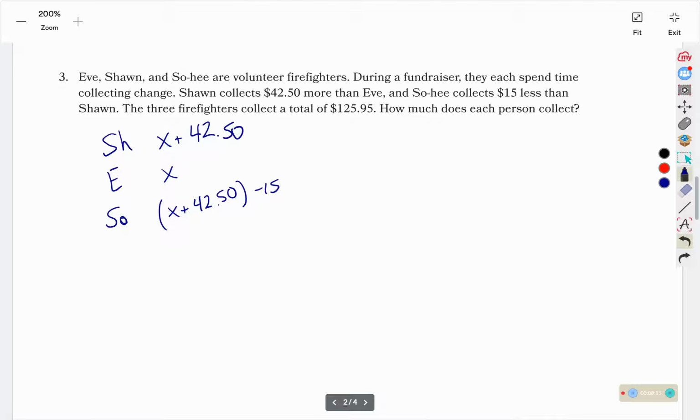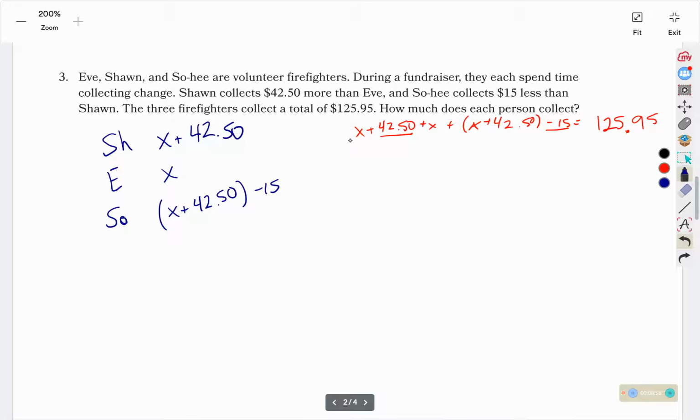The 3 firefighters collect a total of $125.95. So if we add up all of their amounts, it should equal $125.95. So this, I can subtract 15 from 42.50.